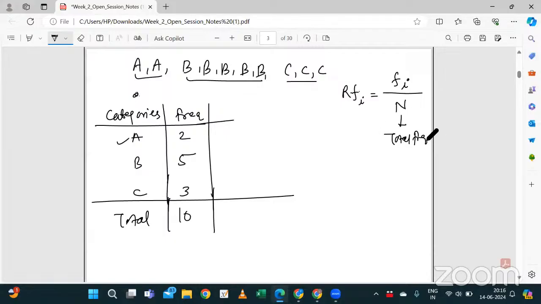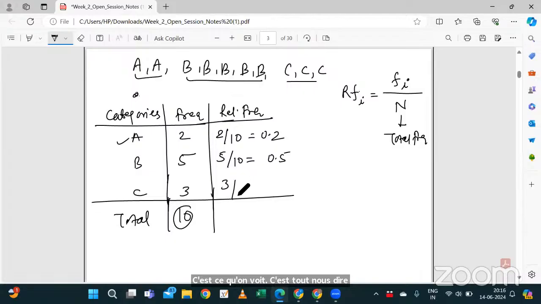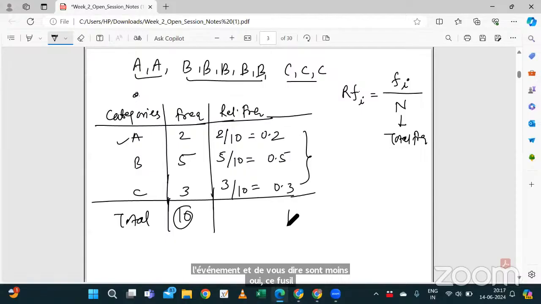So for A, it will be 2 by 10, which is 0.2. For B it will be 5 by 10, which is 0.5. And for C it will be 3 by 10, which is 0.3. If you add all these, the total relative frequency comes out to be 1. This is how I can calculate the relative frequency.